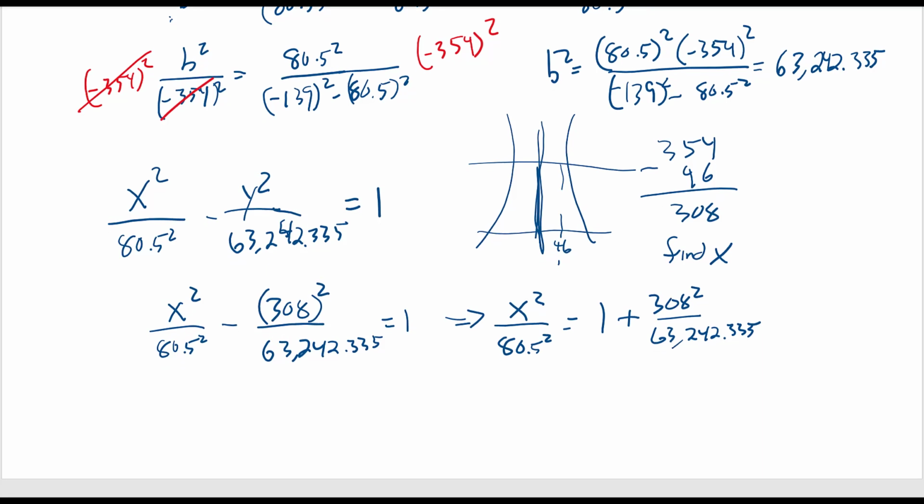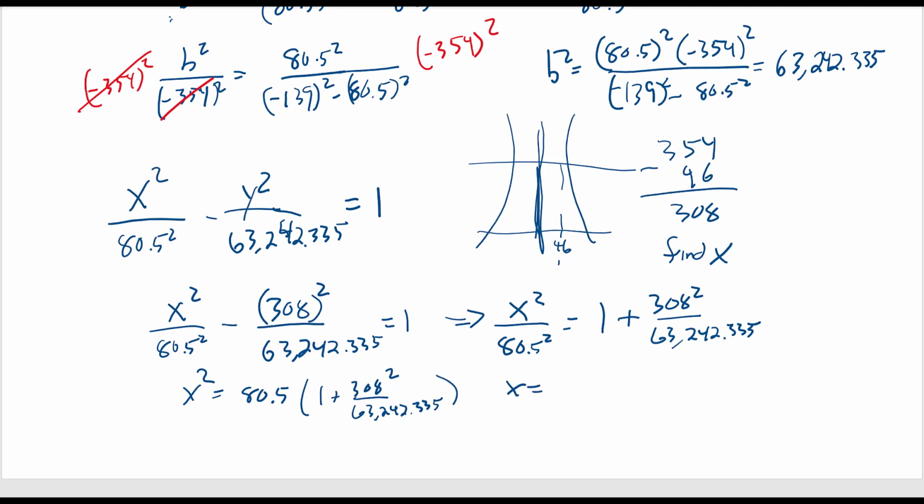X squared would be 80.5 squared times 1 plus 308 squared over 63,242.335.